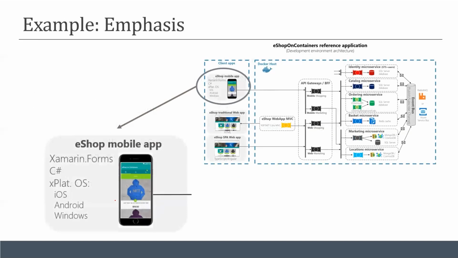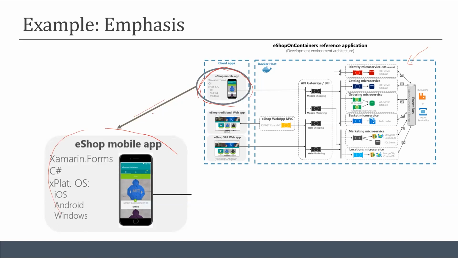So, for example, what is the emphasis? So this is, let's say, the whole structure of your system, but it has too many components. So it's really hard to follow. So instead, you can enlarge some part of it for emphasis.